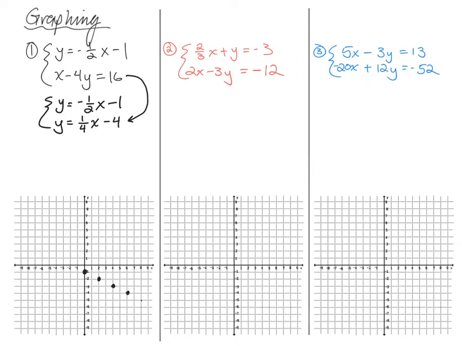And again, you want to go as far left and as far right as you can, because I have no idea where this other line is going to go. So I want to be able to find the intersection point if they intersect, because that's the point that will work in both equations.